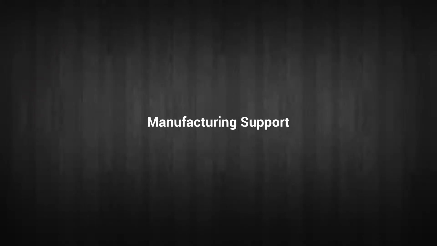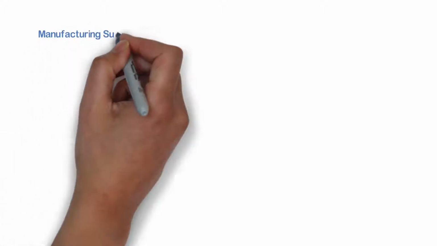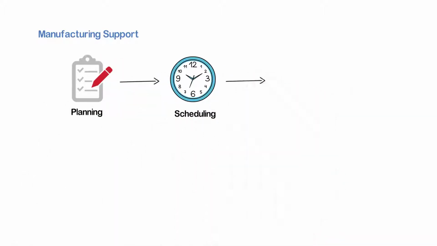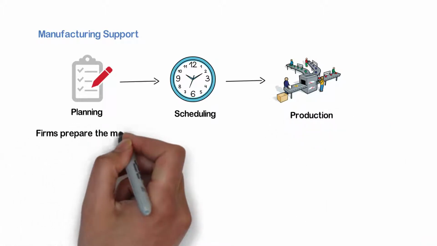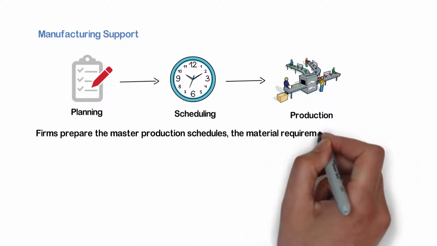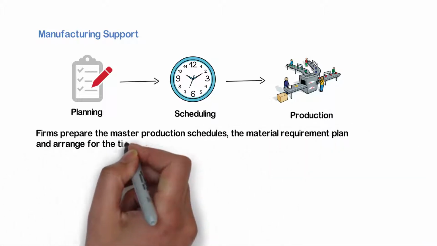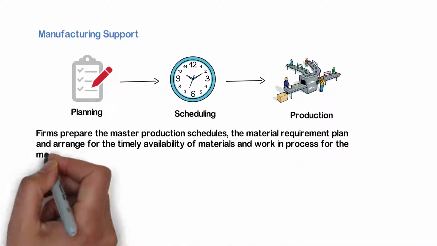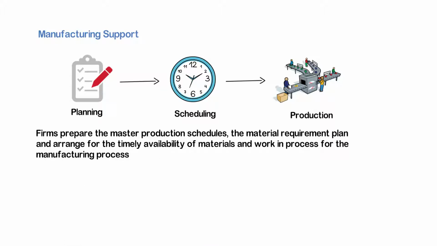Manufacturing support. The second component is manufacturing support, which is concerned with the process of planning and scheduling the production of products. They prepare the master production schedules, the material requirement plan and arrange for the timely availability of materials and work in process for the manufacturing process.